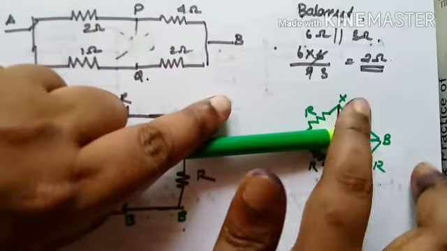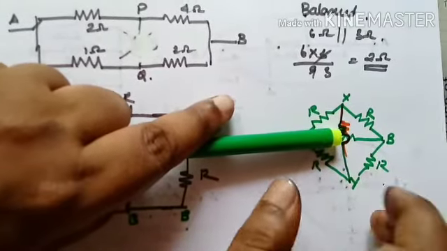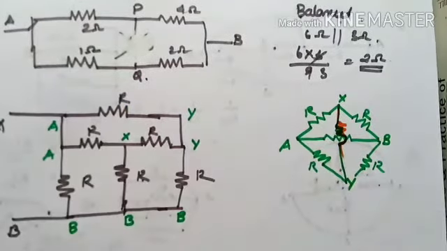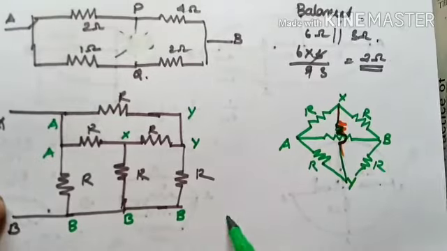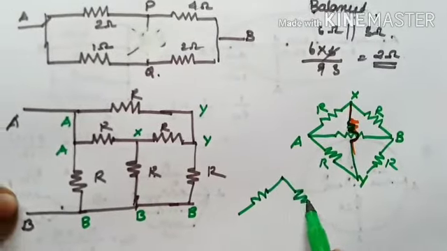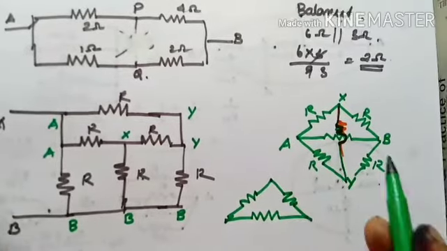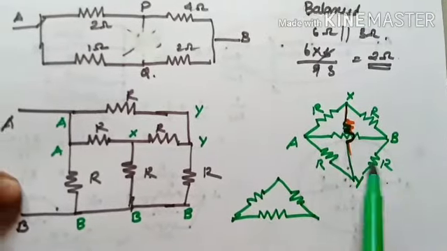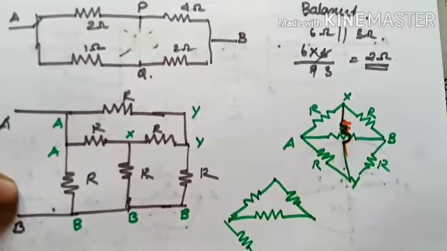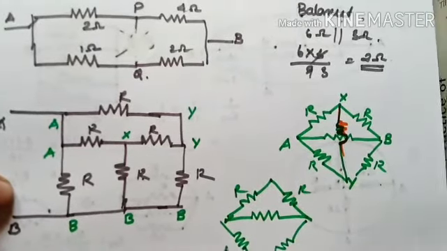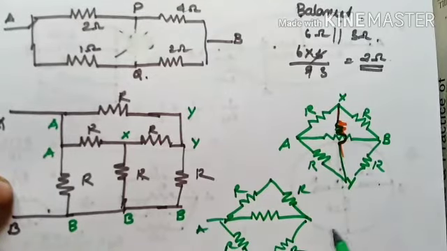So no current flows in this wire, or I can say I can remove the resistance between X and Y. So the equivalent resistance, if I draw it, will be very simple like this, between A and B, because I'm not neglecting the AB resistor from the earlier condition. And there is a resistor like this and a resistor like this. This is R, R, R, R, and this is A, and this is B. Now the circuit is solved, right?